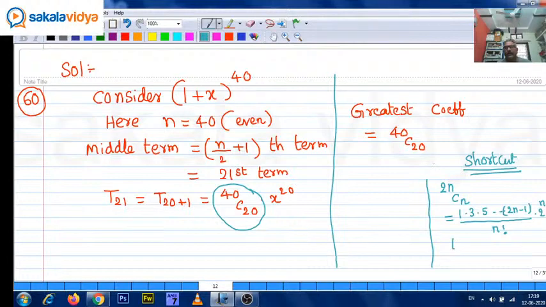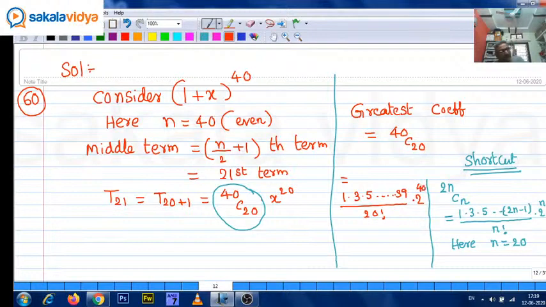So here it is clear that n is equal to 20. So this equals 1 into 3 into 5 into ... into (2 times 20 minus 1), that is 39, upon 20 factorial into 2 to the power of 40.